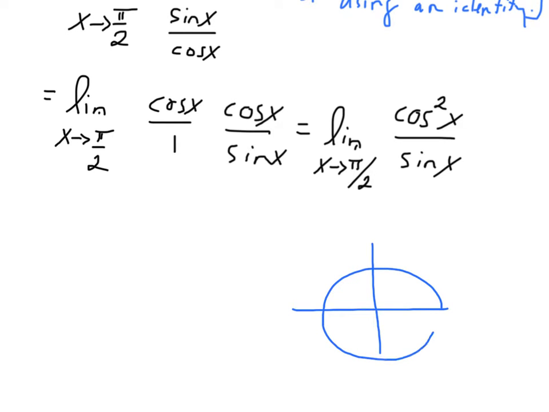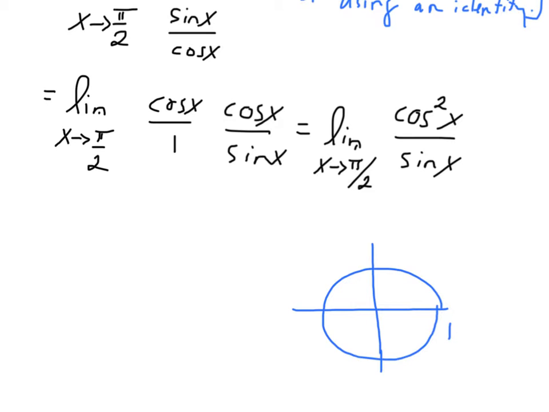Here's a unit circle for us, slightly ugly, but nonetheless, if we go to angle pi by 2, we see that the y-coordinate on the unit circle at angle pi by 2 is just 1, which is to say that sine x at pi by 2 is just equal to 1. So at pi by 2, we're not actually dividing by 0, and that means that pi by 2 is going to be in the domain of this function.